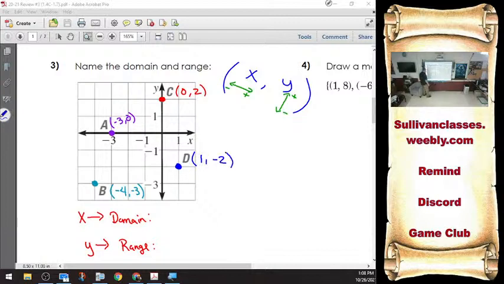There we go. So if I'm writing out my domain and range, it's as simple as list all your X's, then list all your Y's. List your X's. Some of you, that might be a painful experience. -4, -3, 0, and 1. Range. List the Y's.